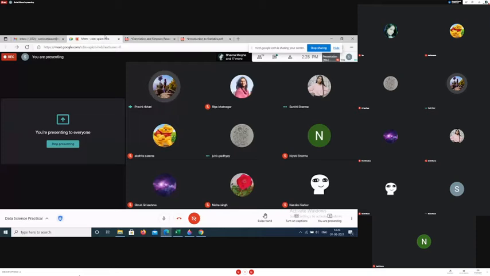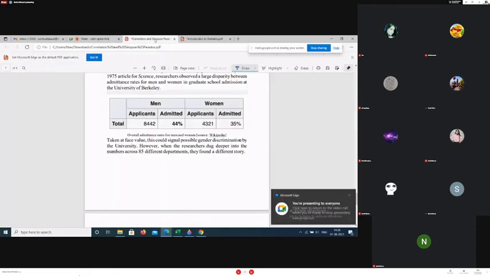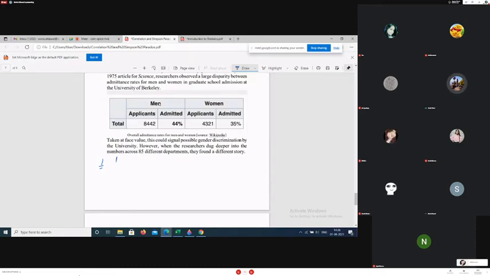Ma'am, in the first table, we have been given that a university accepts male and female candidates differently. It's just an overall view. Here we have been shown that out of 8,442 applicants who are male, only 44% were admitted, and out of 4,321 women, only 35% were admitted.